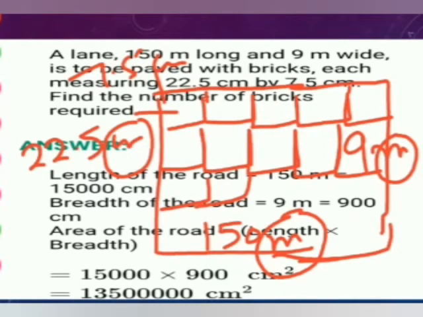So what you will do here, we will convert the lane dimensions unit into centimeter, and then we will calculate the number of bricks here.